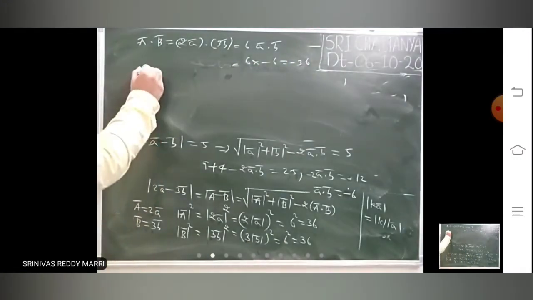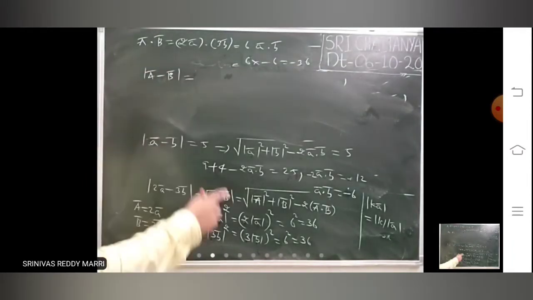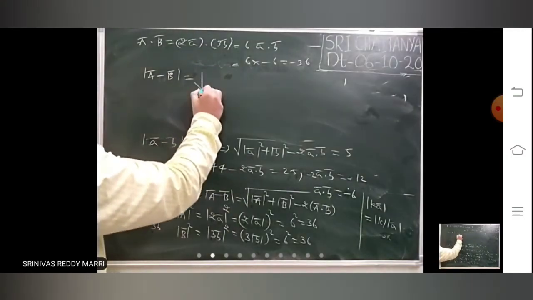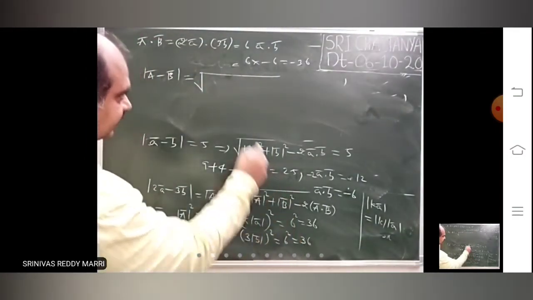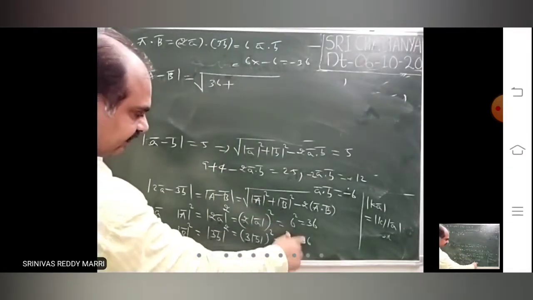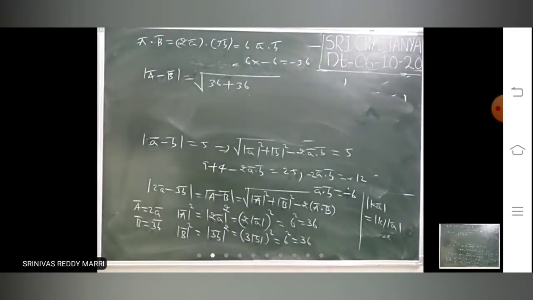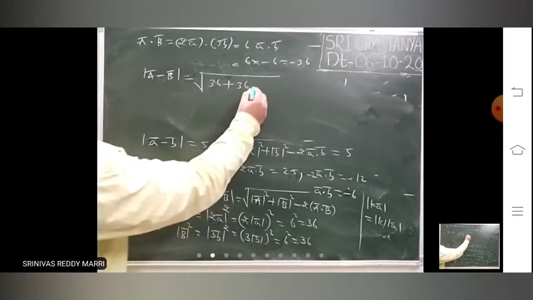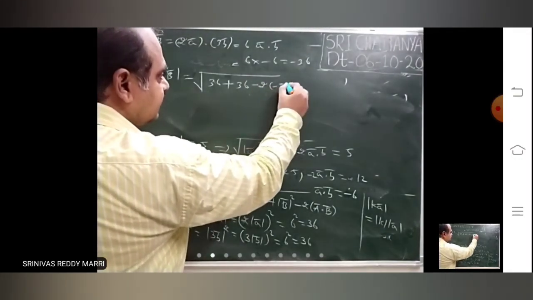Therefore you substitute here: modulus of 2A bar minus 3B bar equals root of modulus 2A bar square, which is 36, plus modulus 3B bar square, which is 36, minus 2 into minus 36.